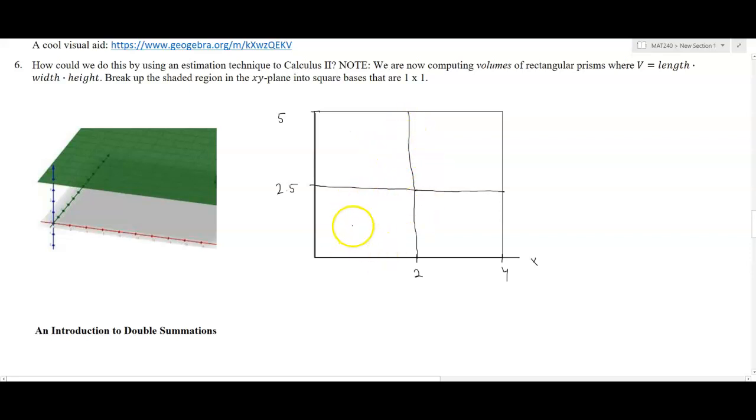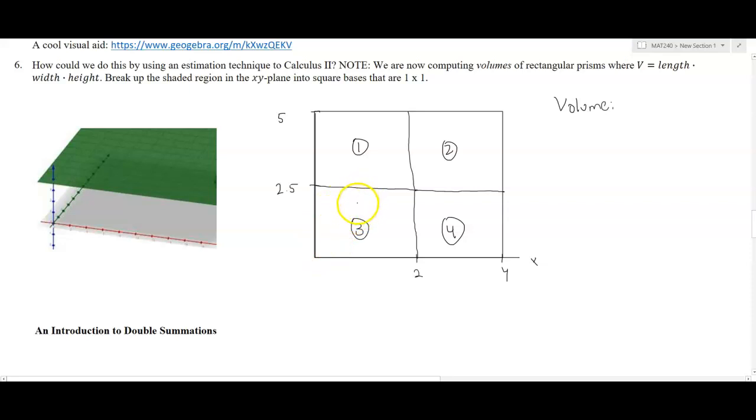And if I think about the area of each one of these rectangles, we'll just label these 1, 2, 3, and 4. The volume of region 1, or rather, not area, but the volume, is, well, it depends on where within each of these rectangles we want to approximate the height.